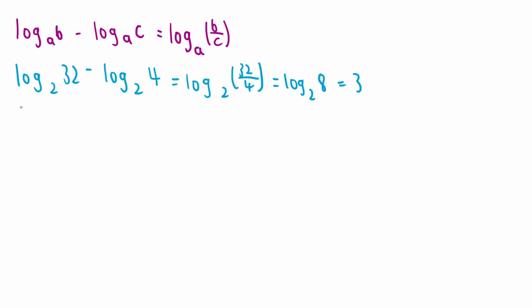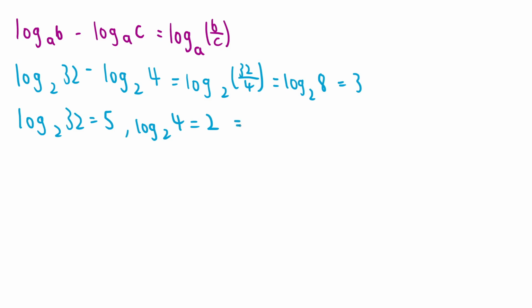So we could have computed both logarithms separately and then computed the difference. So log base 2 of 32 is equal to 5, since 2 to the power of 5 is equal to 32, and log base 2 of 4 is equal to 2, since 2 to the power of 2 is equal to 4.